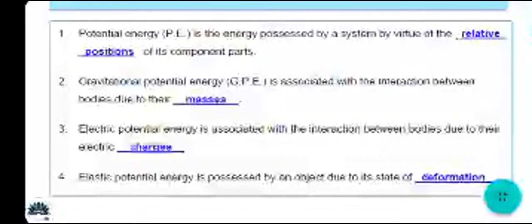Electrical potential energy is associated with the interaction between bodies due to electric charges. And elastic potential energy is possessed by an object due to its state of deformation.